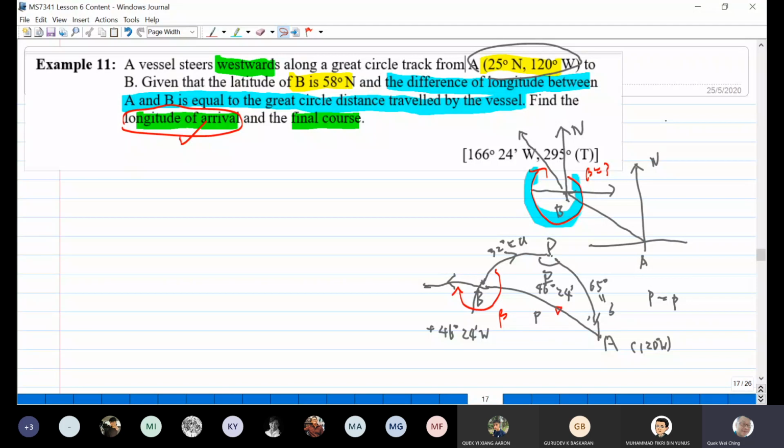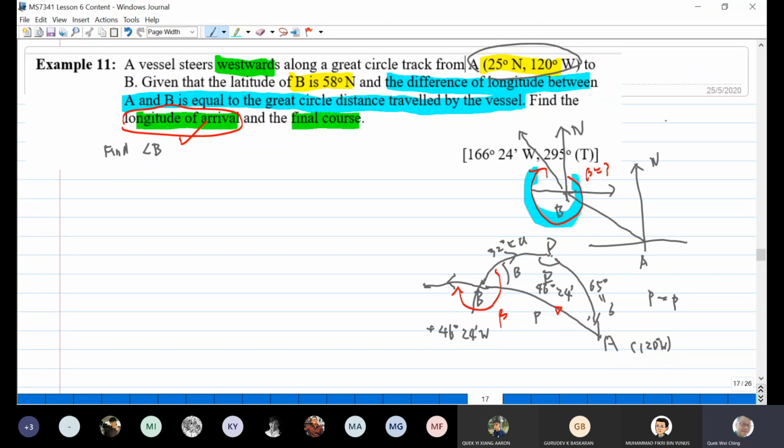So I want to find angle B now. Let's write down and find angle B. Then afterward I can find out the final course. Angle B is this one. Okay, so you can use the cosine law now.